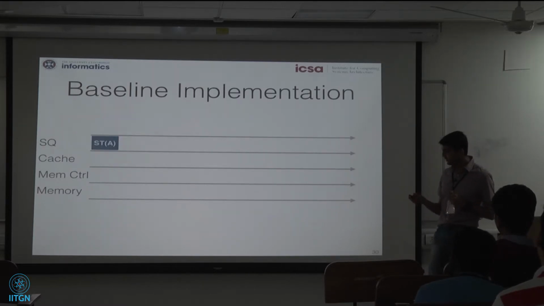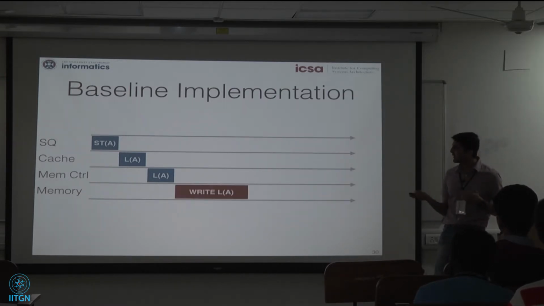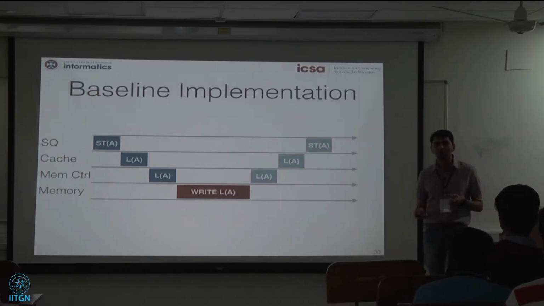Let's say the store queue issues a request saying store something to cache line A. When that request reaches the cache, it will first write the log entry, as we saw previously. The log entry request will go to the memory controller, which will write it to NVM. Finally, when the write is complete, the memory controller will acknowledge to the cache that the log write is complete, and the cache will complete the store request from the store queue.